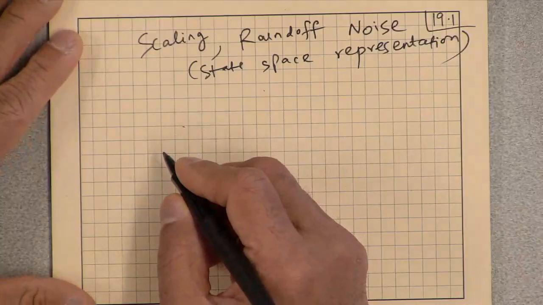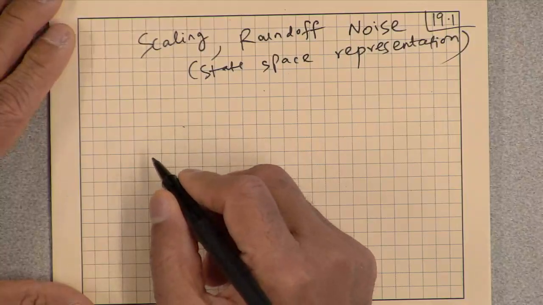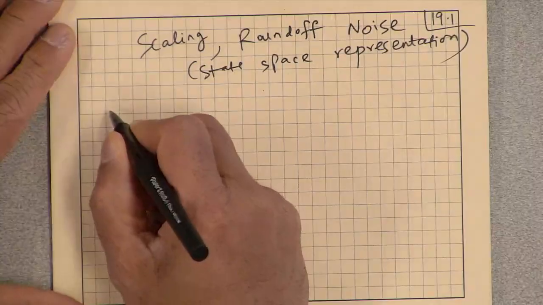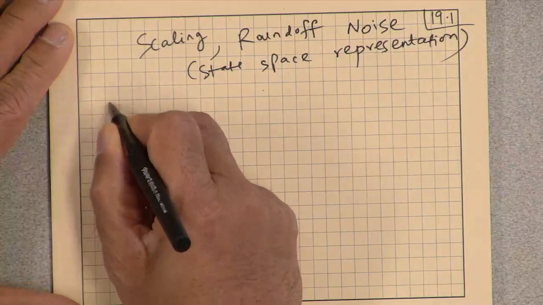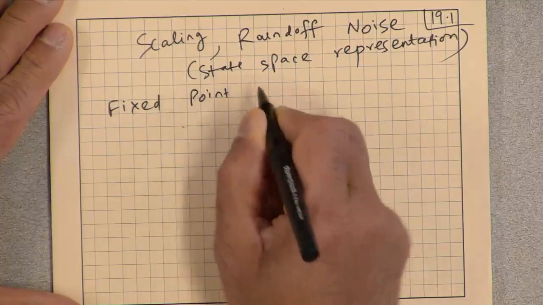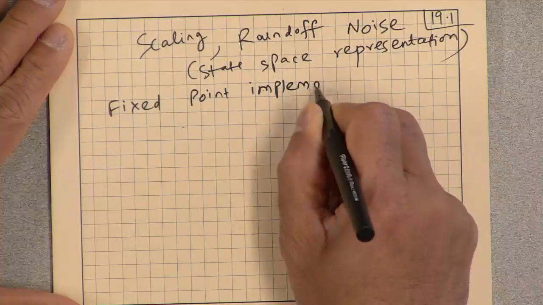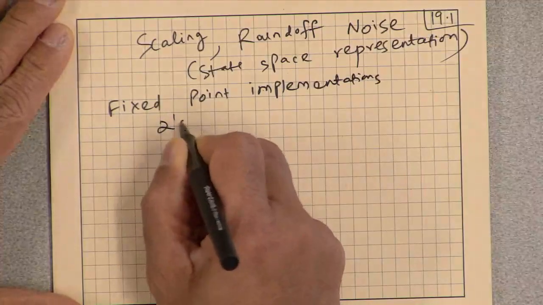And that's because the programmer did not consider scaling or round-off noise properties of these implementations. So before we start, we are primarily interested in fixed point implementations of DSP systems, and these are represented using so-called 2's complement arithmetic.